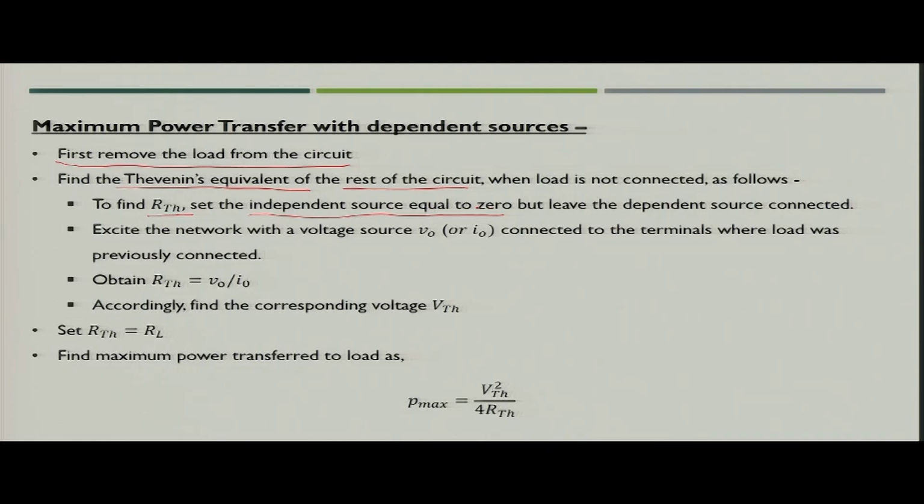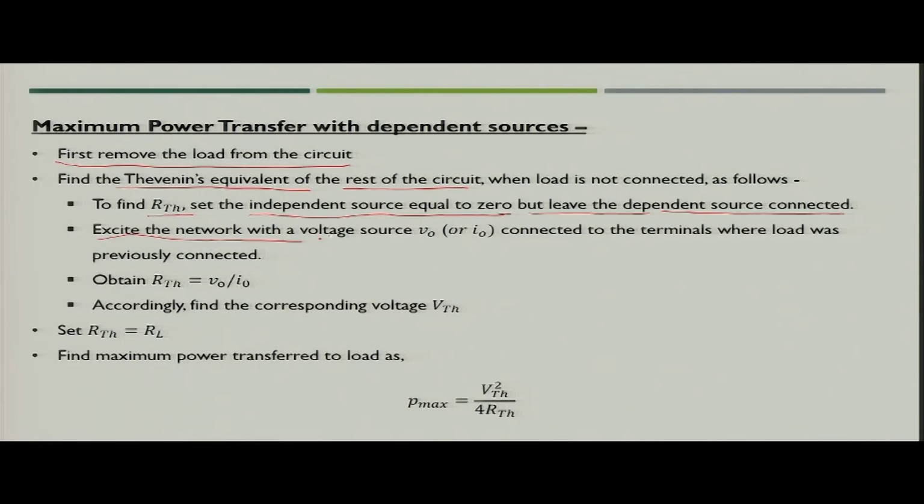It means that an independent voltage source is kept short circuited, and an independent current source is kept open circuited, and you leave all the dependent sources connected to the network.